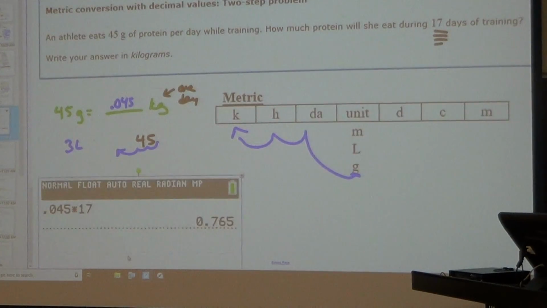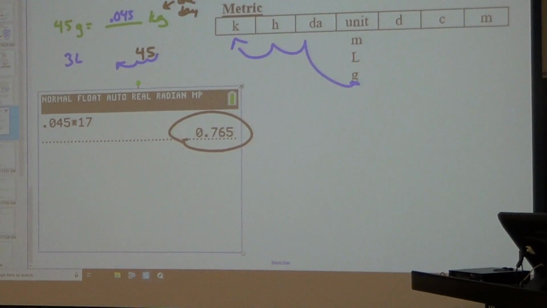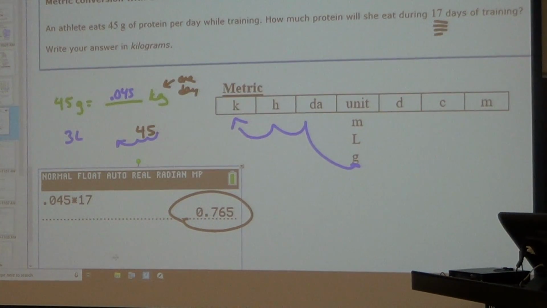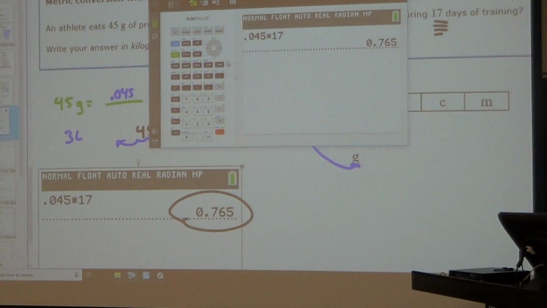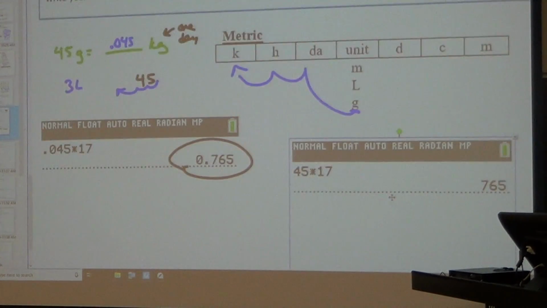Now, that's not the only way to do it. I have some people who say, I'm going to do 45 times 17. So if you do 45 grams times 17 days, that's how many grams. Well, then I have to turn those grams into kilograms.